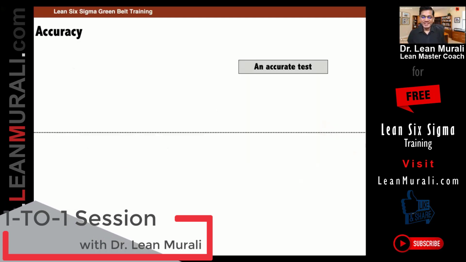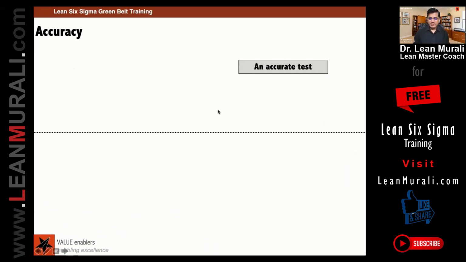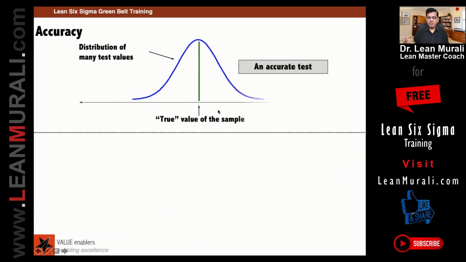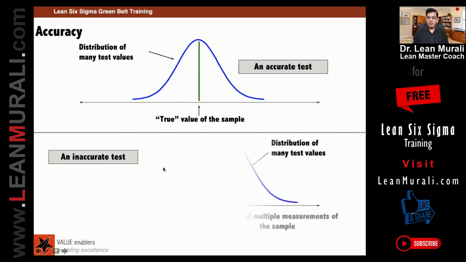Let me move on. Accuracy, an accurate test. Let's see with an example of a distribution. Suppose the distribution of many test values and the true values of the sample meet, that means it is accurate. There is no bias.